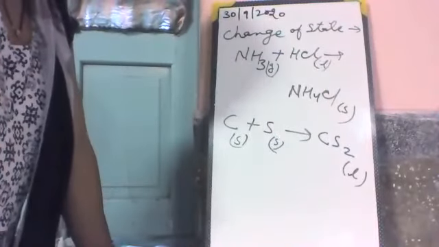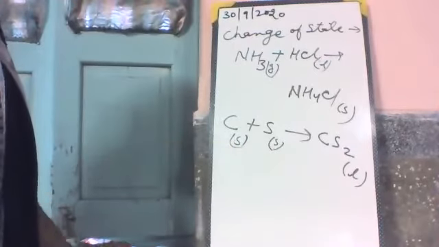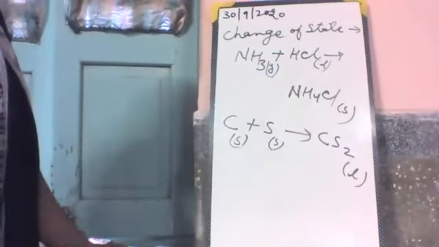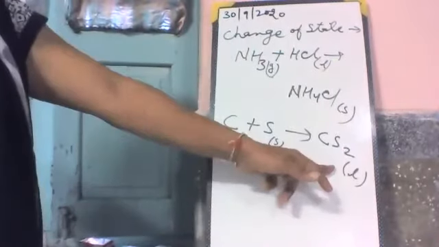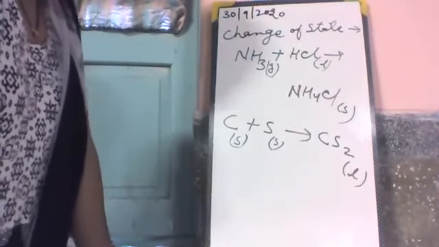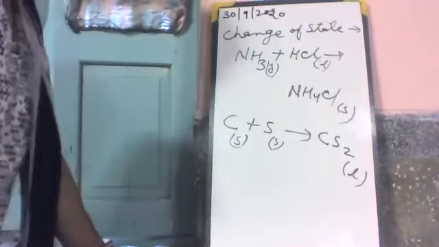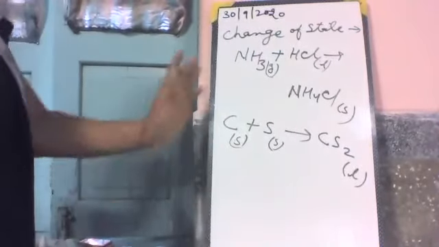Change in state. When carbon and sulfur both are solid, they react to form carbon disulfide, which is liquid in state. These are the chemical changes and chemical reaction characteristics we can observe by our senses.